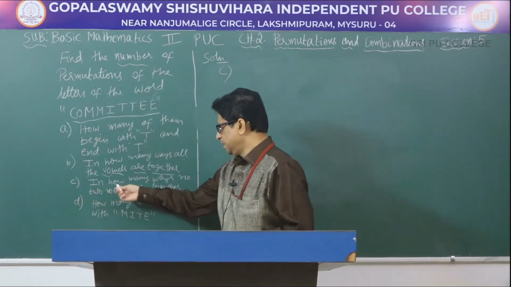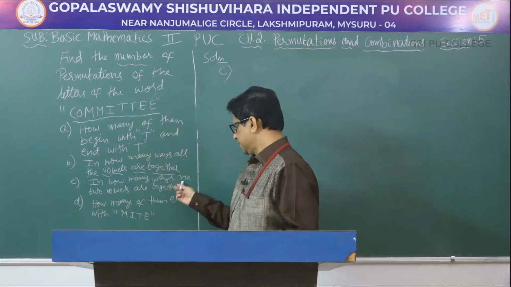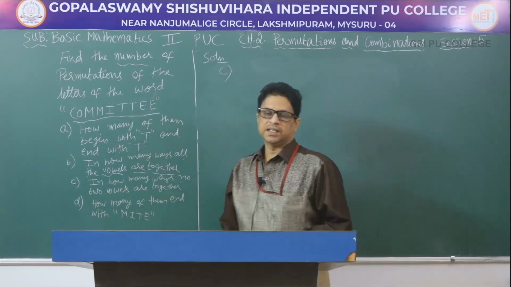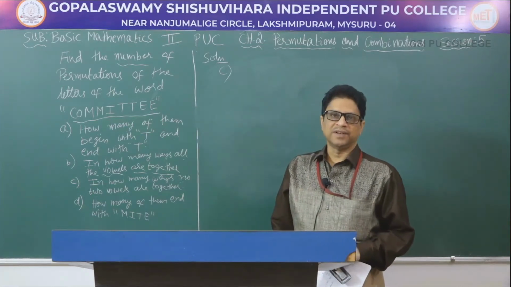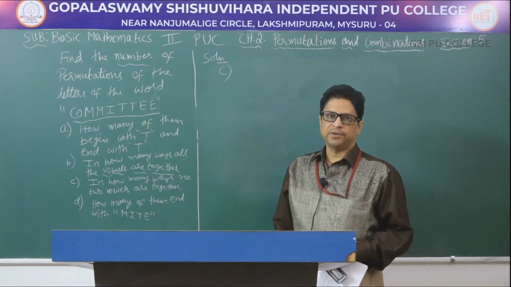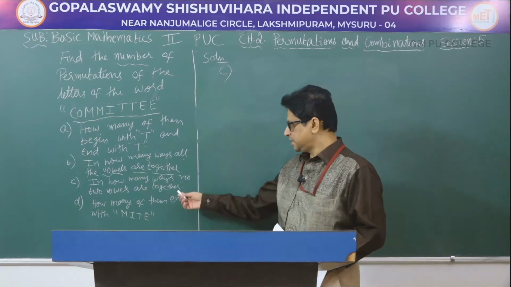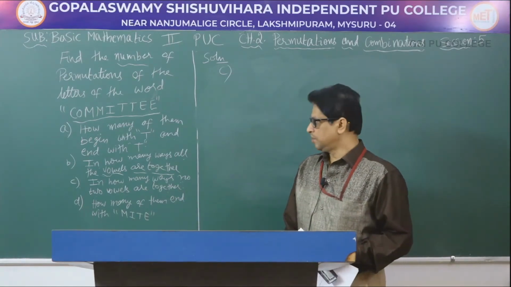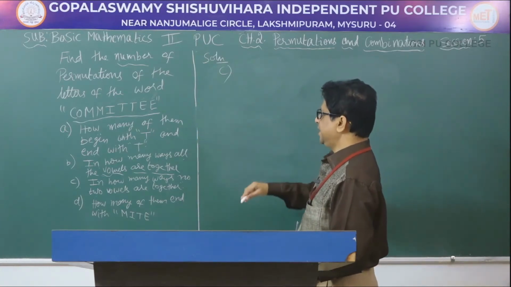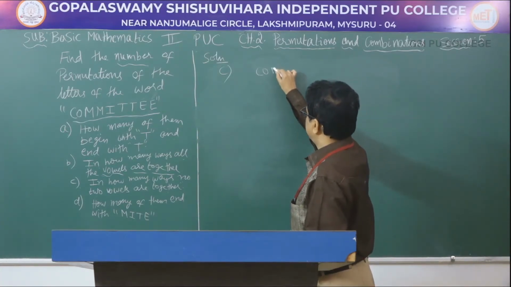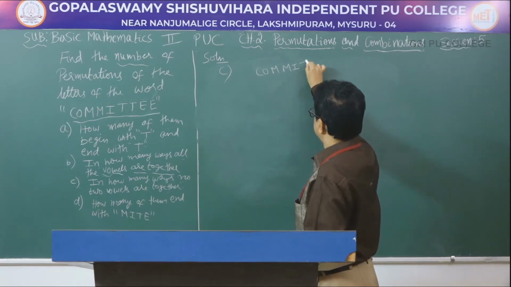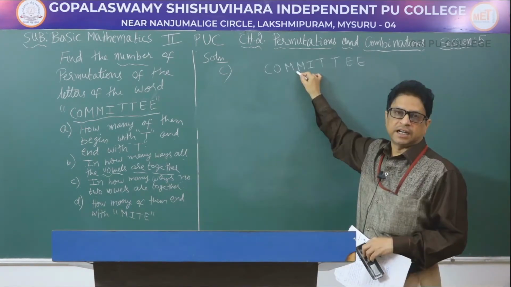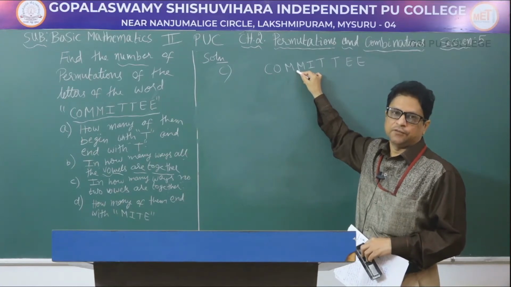See, in how many ways no two vowels are together. Since no two vowels are together, we have to arrange these vowels in between the consonants. So, in the word committee, there are 5 consonants and 4 vowels.